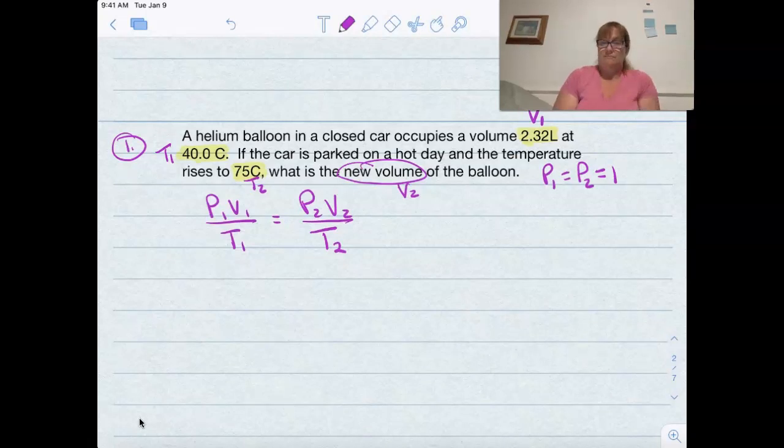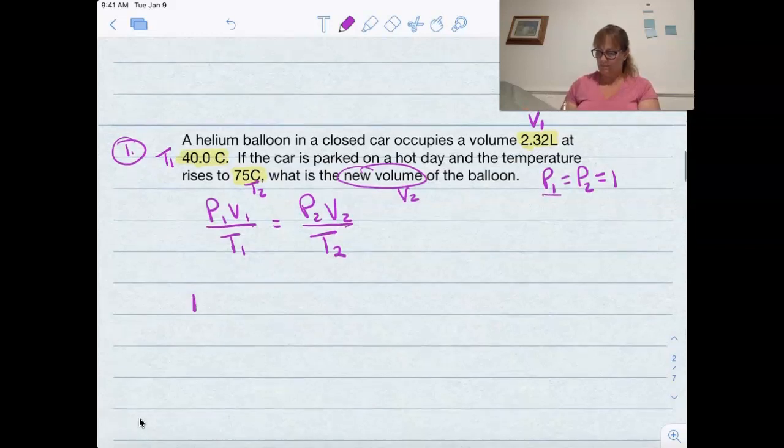Sound good? So we know, therefore, our P1 equals our P2, and both of those are going to equal 1. Now all we have to do is plug these values in for the right variable and use algebra to solve. What is our P1? Our P1 is 1. What is our V1? Our V1 is 2.32 liters divided by our T1, 40 degrees Celsius.